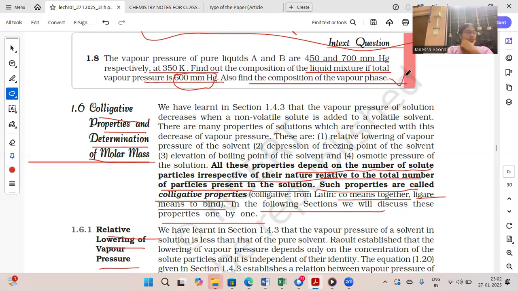This problem is similar to the problem that we have discussed above. What we have to find out is, we have the P1 and P2. What we have to find is the composition of the liquid mixture if the P total is like this.